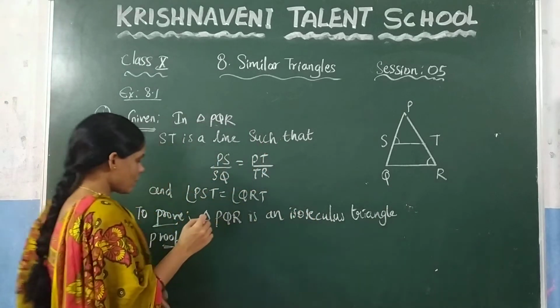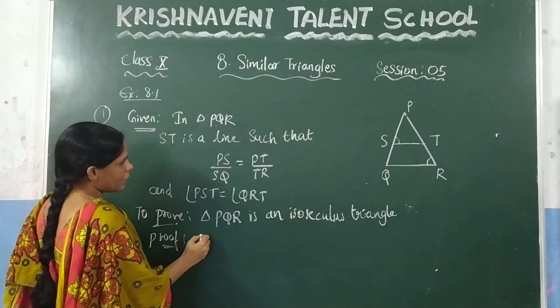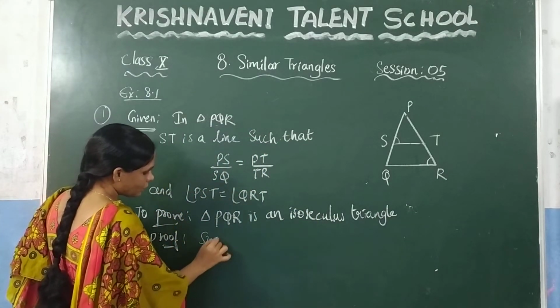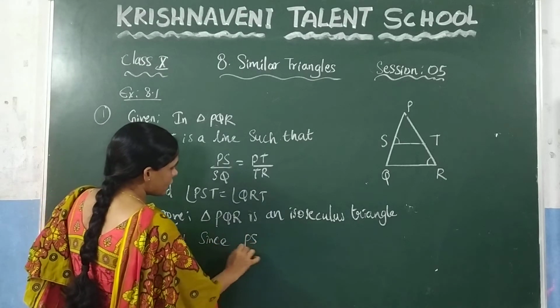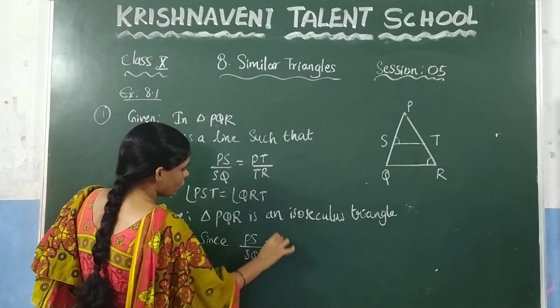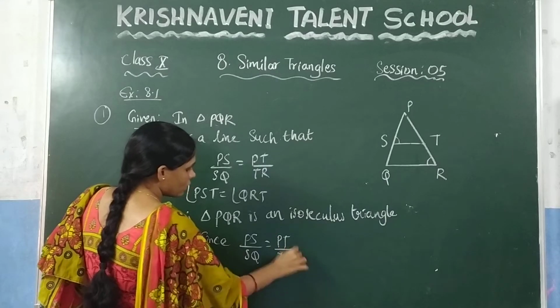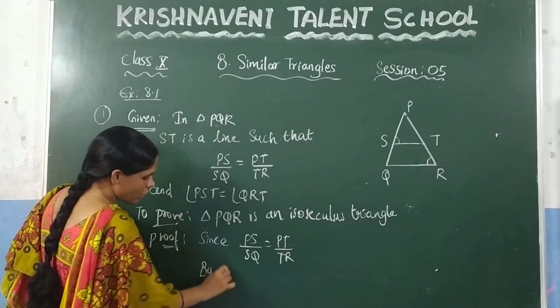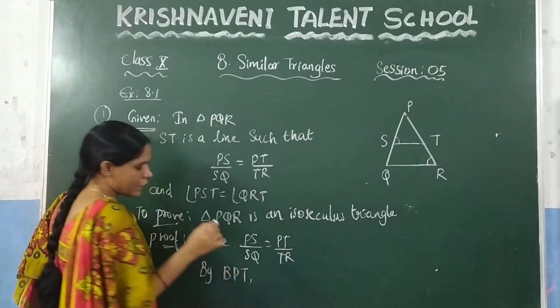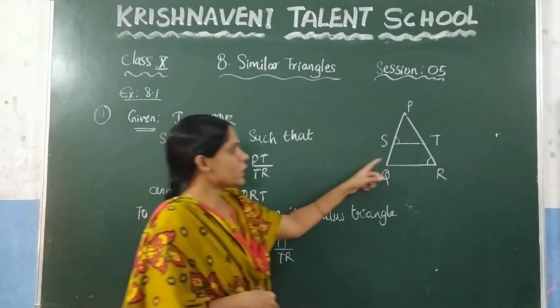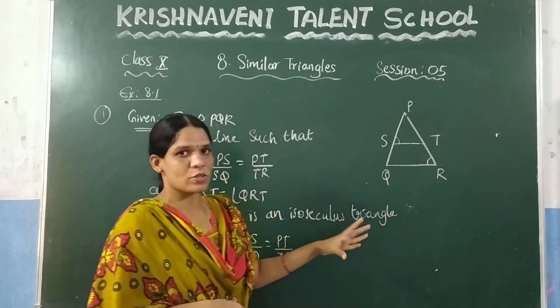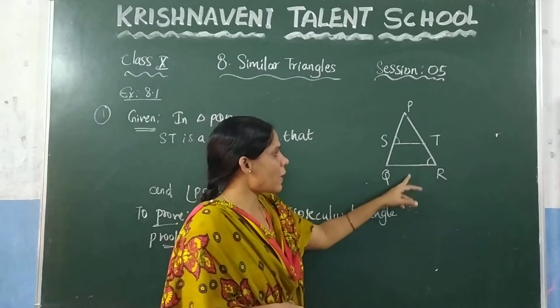So write it here: since PS by SQ is equal to PT by TR, by the Thales theorem or the basic proportionality theorem, these two sides are divided in the same ratio, then that line is parallel to the third side.